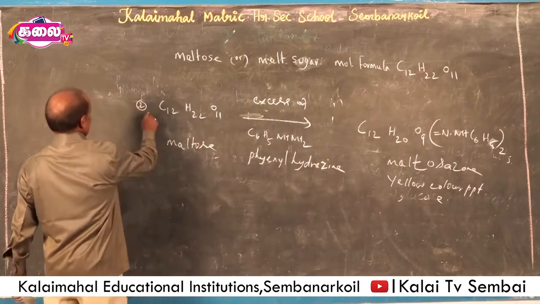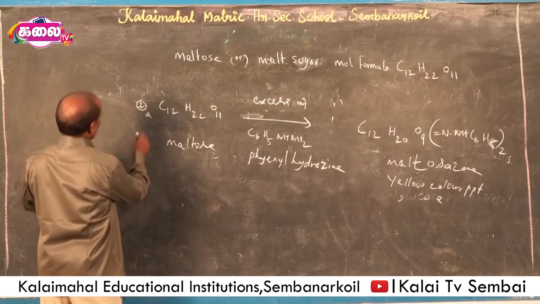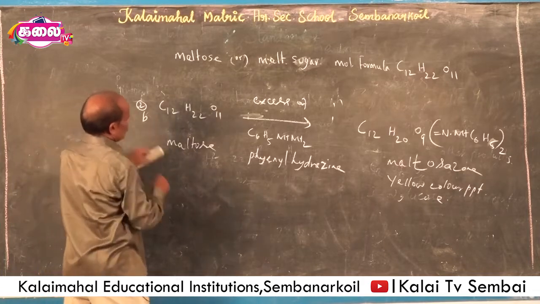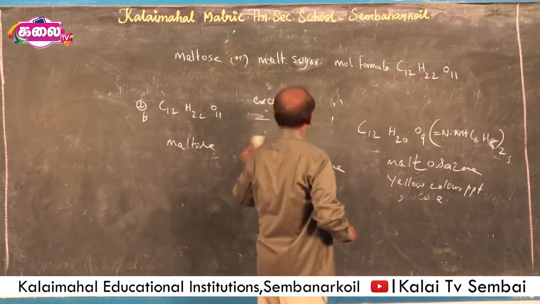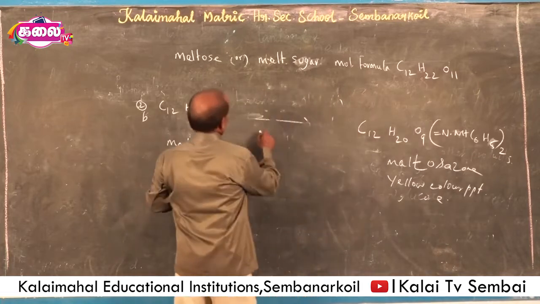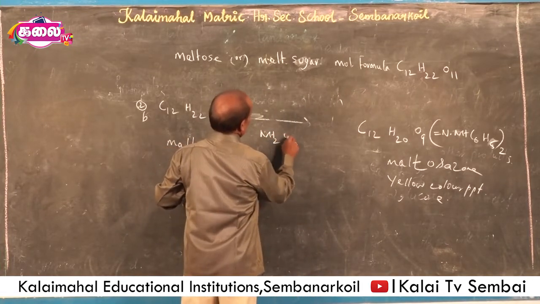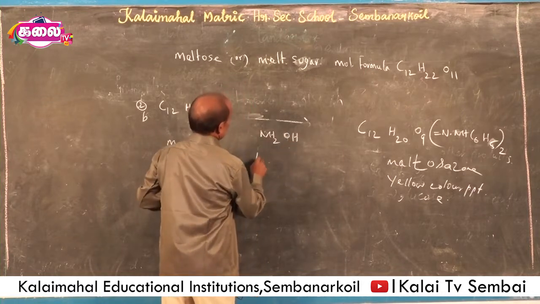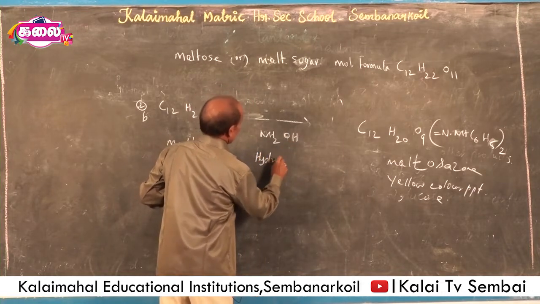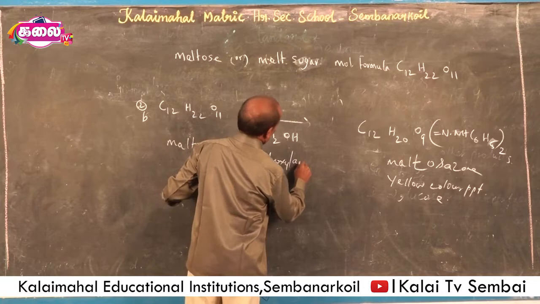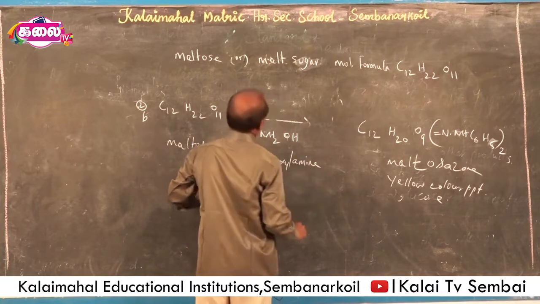Then the second, B, maltose treated with hydroxylamine, NH2OH. This is called hydroxylamine.